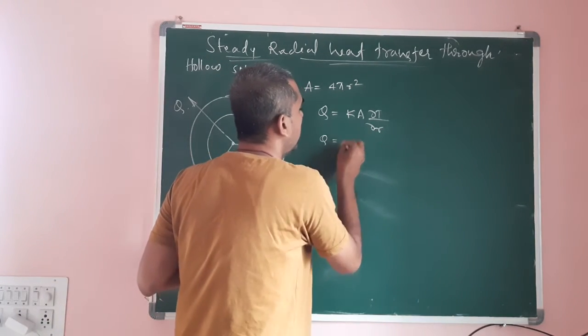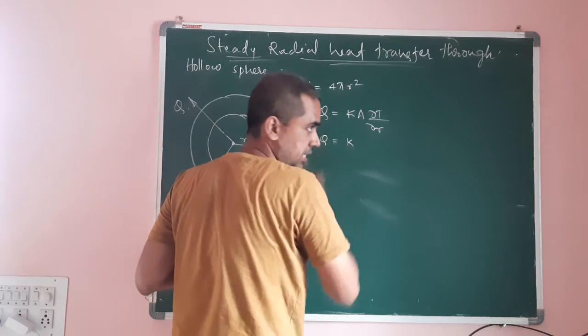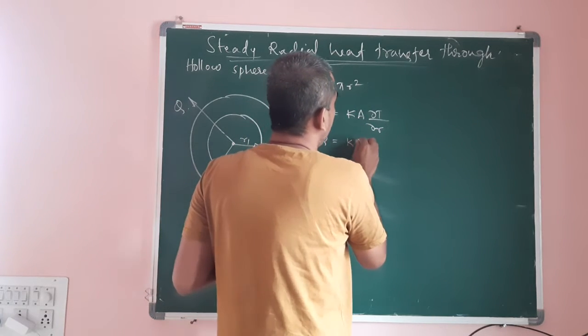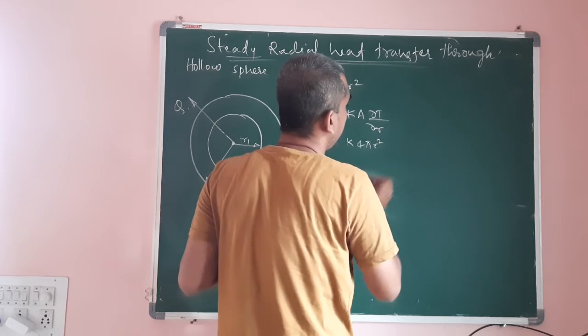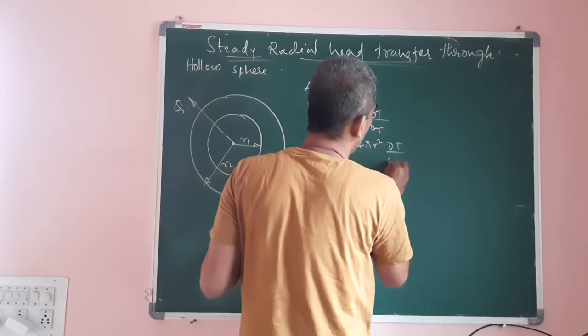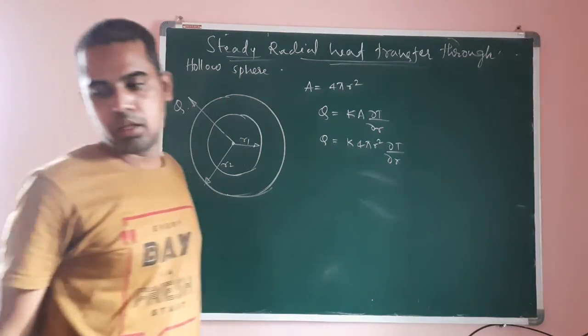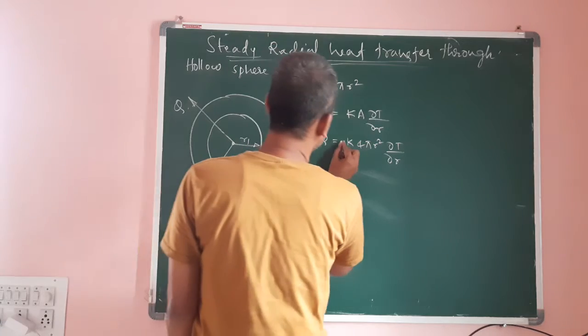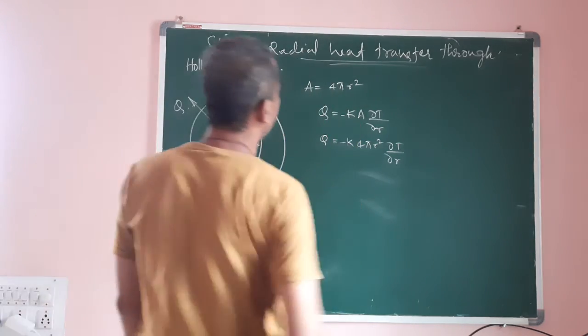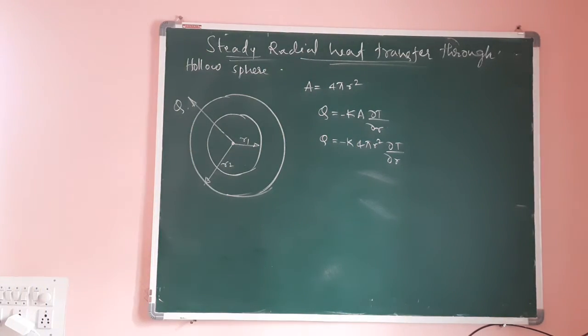It is the surface area. Therefore Q is equal to minus K into 4 pi r square, the area, into dou T by dou R.